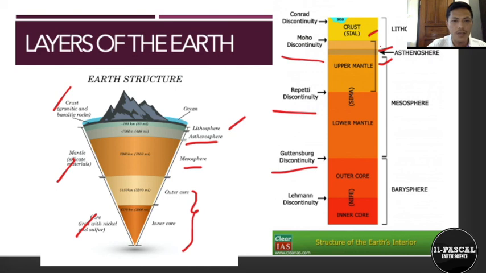And then the last one is the Lehmann discontinuity, the transition zone between the outer core and the inner core. If you look at it, there are 5 discontinuities or 5 boundaries. So those are the different layers of the Earth.